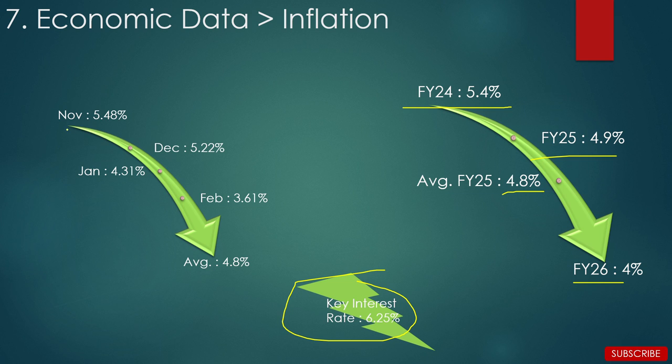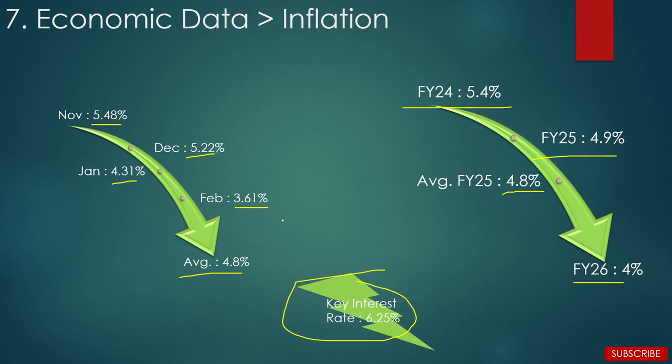Even if you see in the later half of the year, the CPI inflation 5.48 decreased to 5.22, then further decreased in January to 4.31, and in February it actually came below 4 and reached the 3.61% level. So the average of the year was 4.8%.